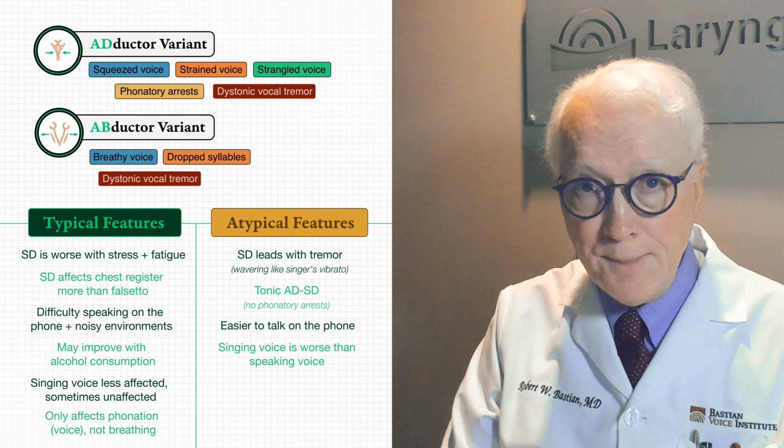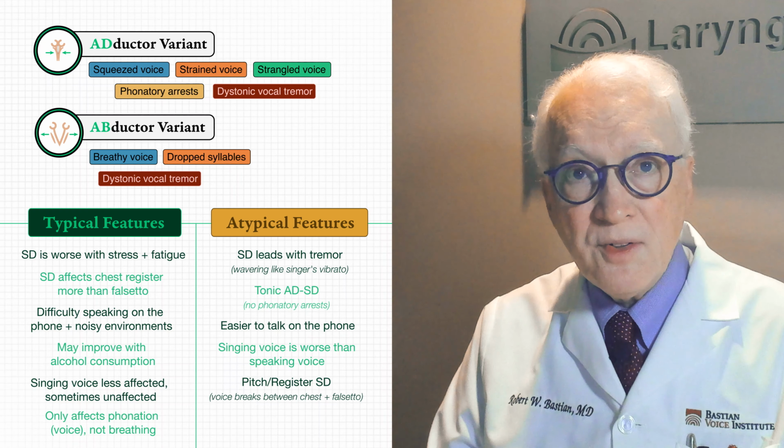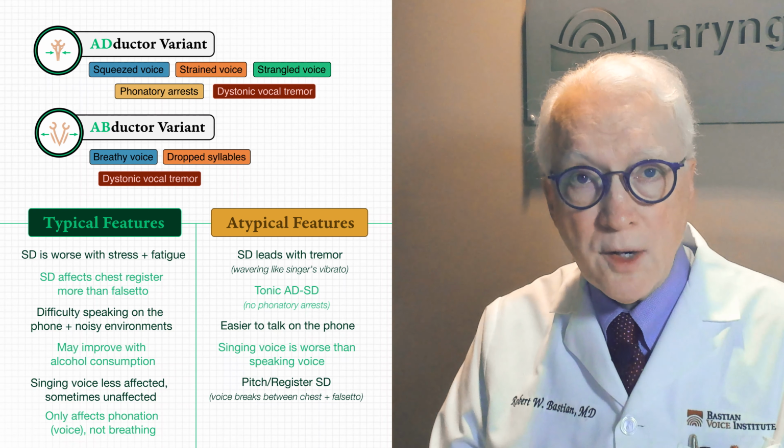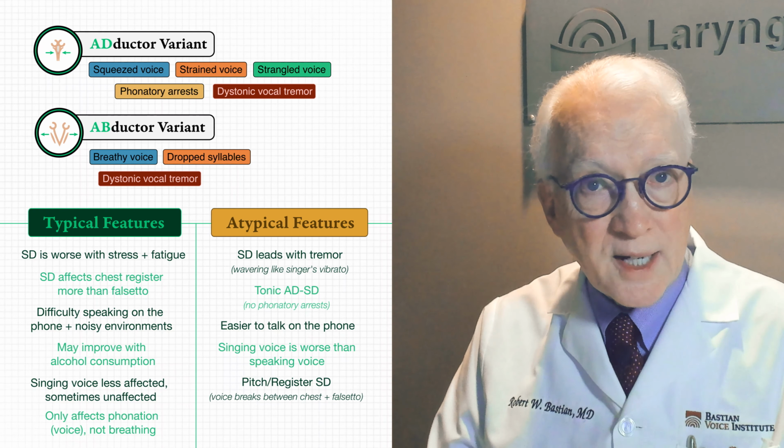The last one that I want to talk about is what I call pitch register spasmodic dysphonia. In this one, the presentation is that the voice breaks between chest and falsetto without classic adduction or abduction features. The person is trying to speak to me and they're completely sincere and trying very hard, but the voice is constantly kind of cracking up into falsetto.